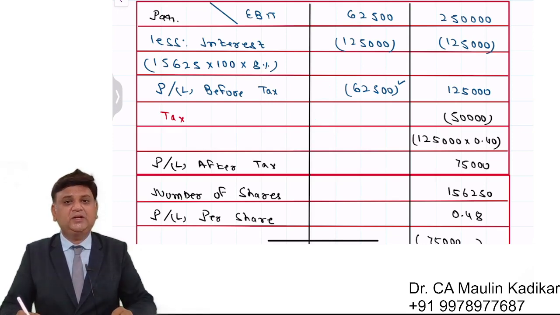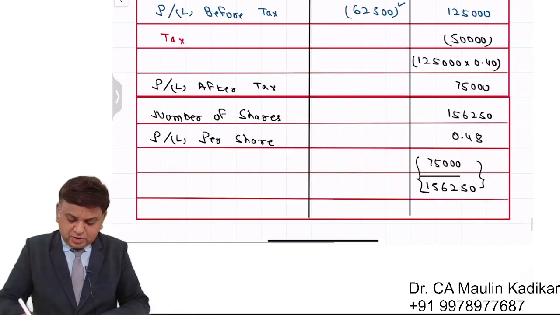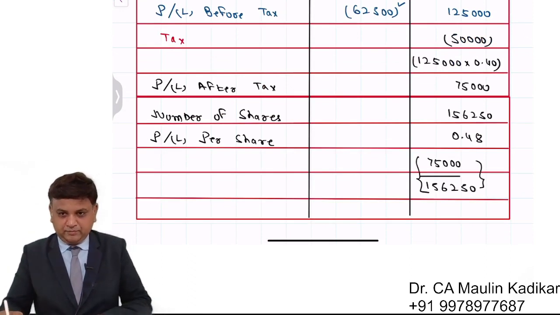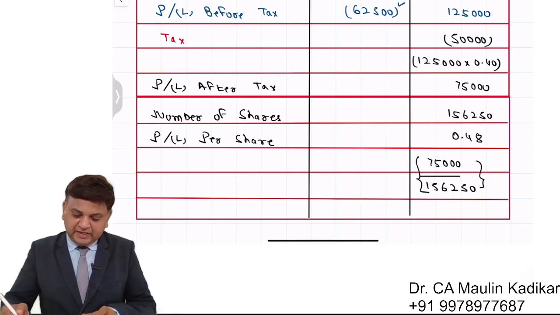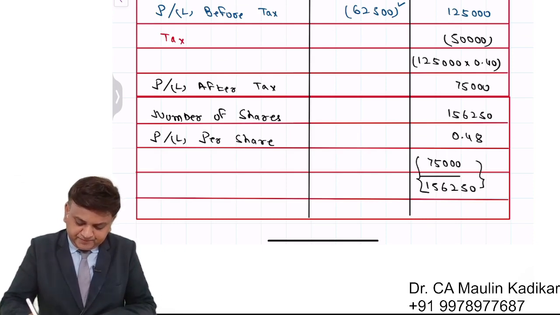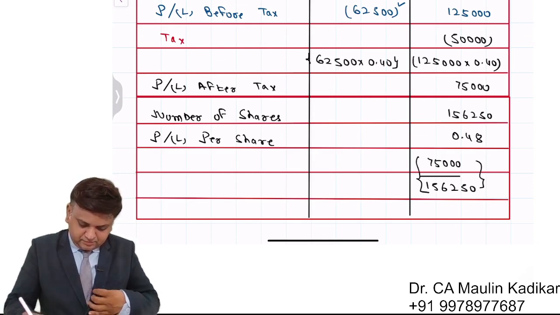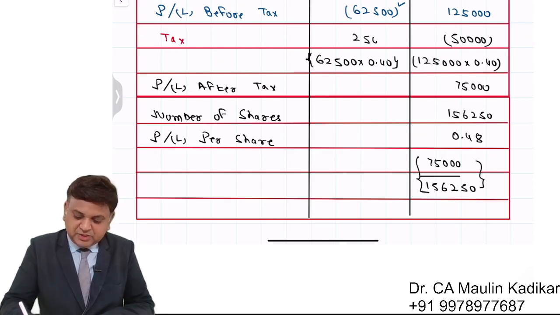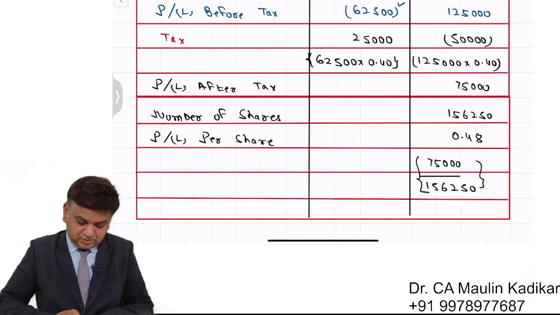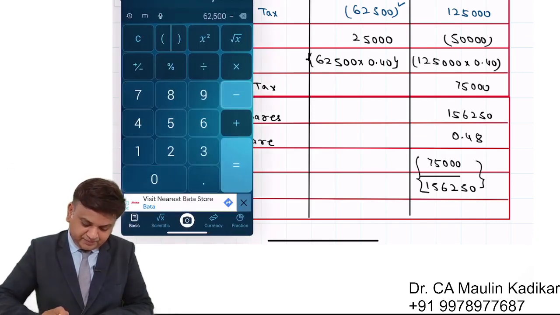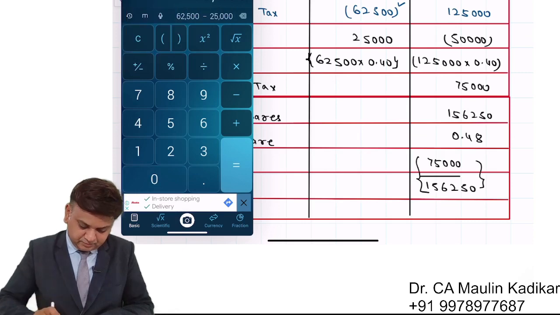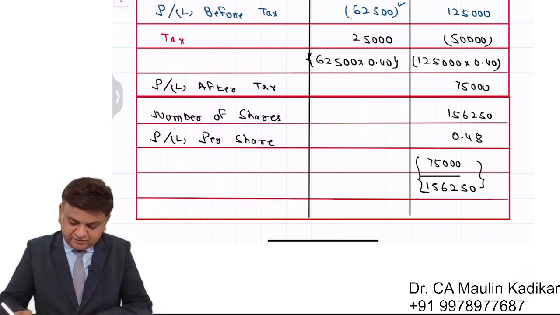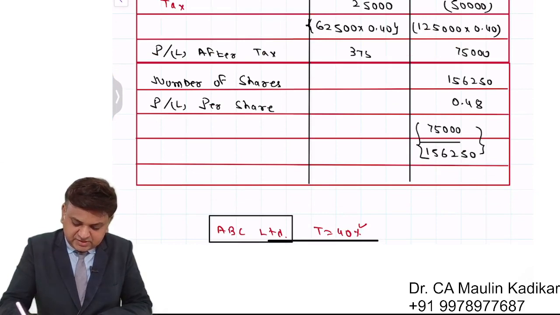So 62,500 into 0.4 comes to 25,000 positive. Be careful, this is positive. So 62,500 minus 25,000 comes to 37,500. So loss after taxes is 37,500.